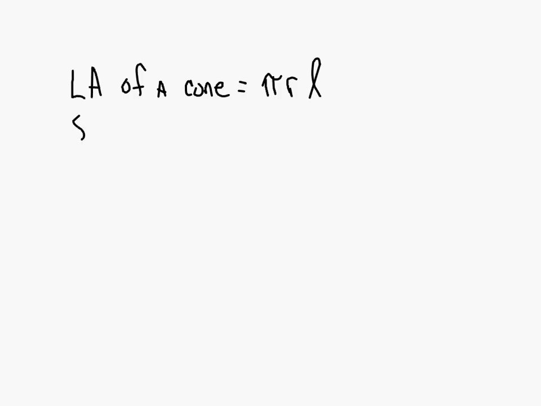And the surface area of a cone is going to be equal to the lateral area, pi r l, plus the area of the base. It's a cone, so the base is going to be a circle. The area of your base is always going to be pi r squared when you're dealing with surface area of a cone.